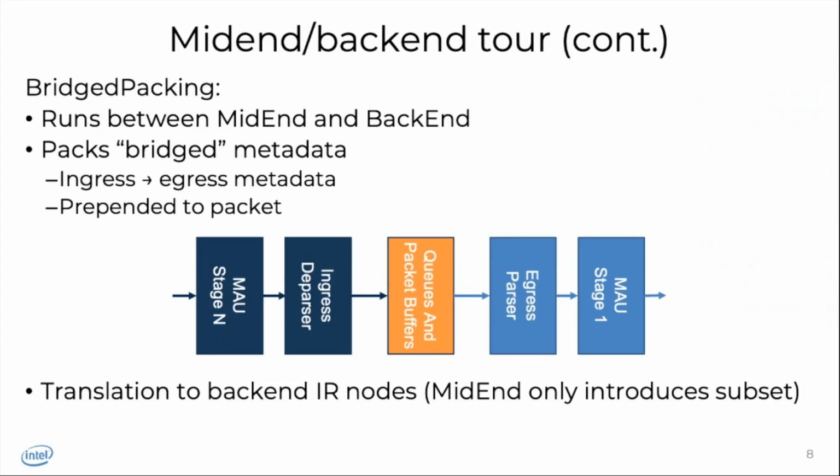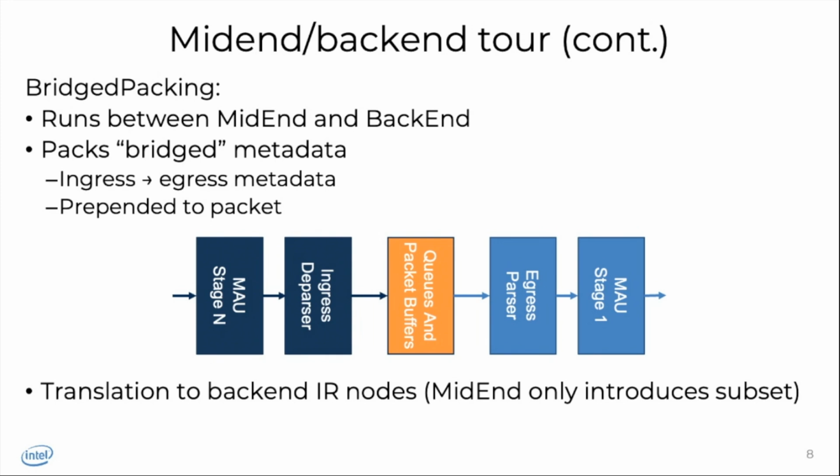All right, sitting between the mid end and the back end, there's actually a pass called bridged packing. Basically, what this does is it packs any metadata that has to be passed from the ingress to the egress side. The reason it does this is that the metadata actually gets deparsed on the ingress side, prepended to the packet, flows through the packet buffers as some extra data on the packet, and then gets parsed on the egress side.